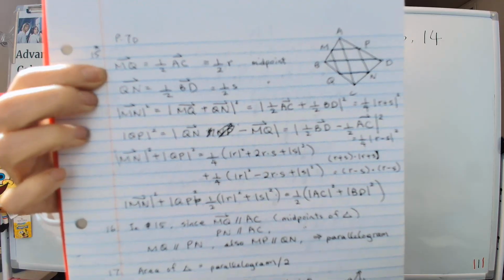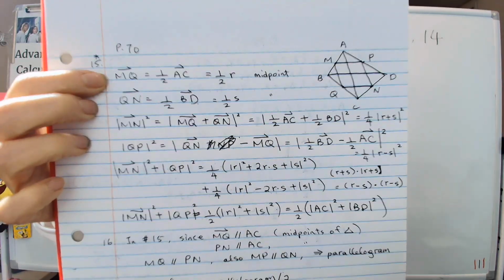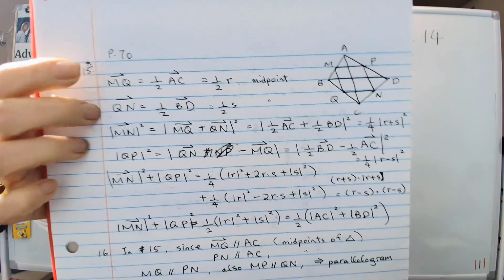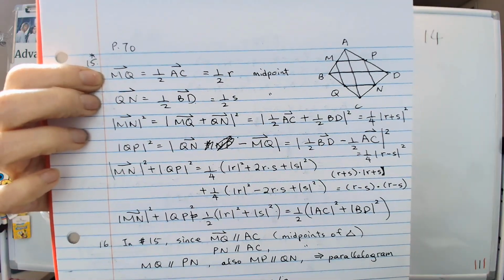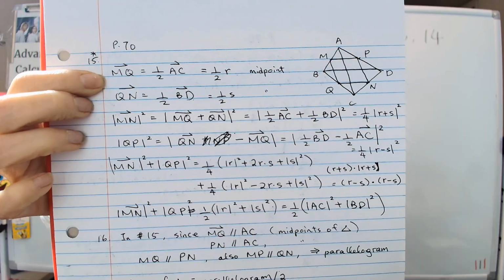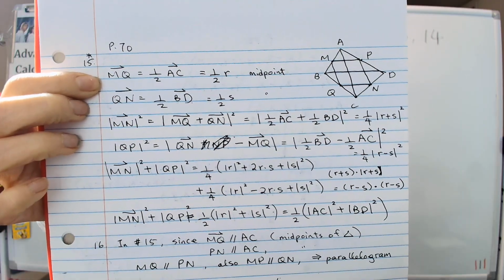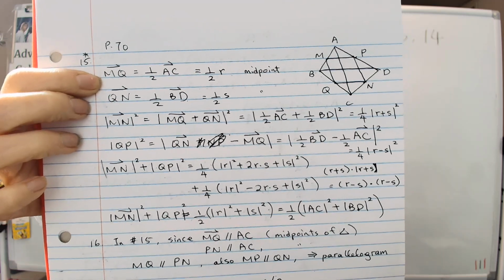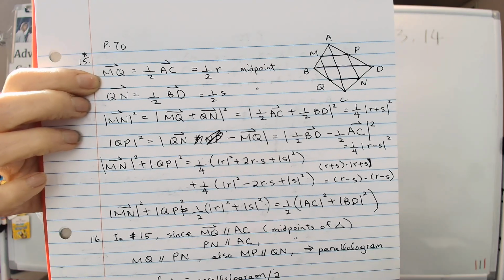I draw the whole thing out. Now I'm going to use a different notation because there are so many points. So this I feel is clearer. But the point is MQ, where's MQ? MQ is connecting the midpoints of AB and BC.